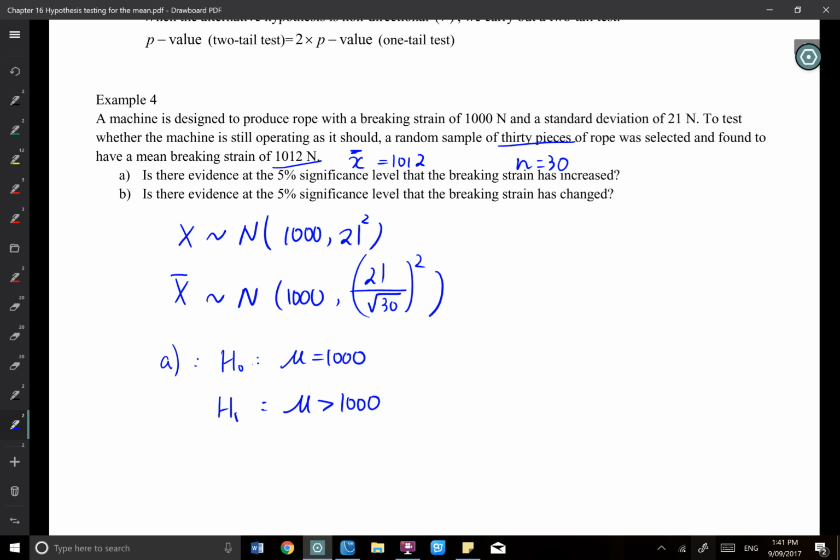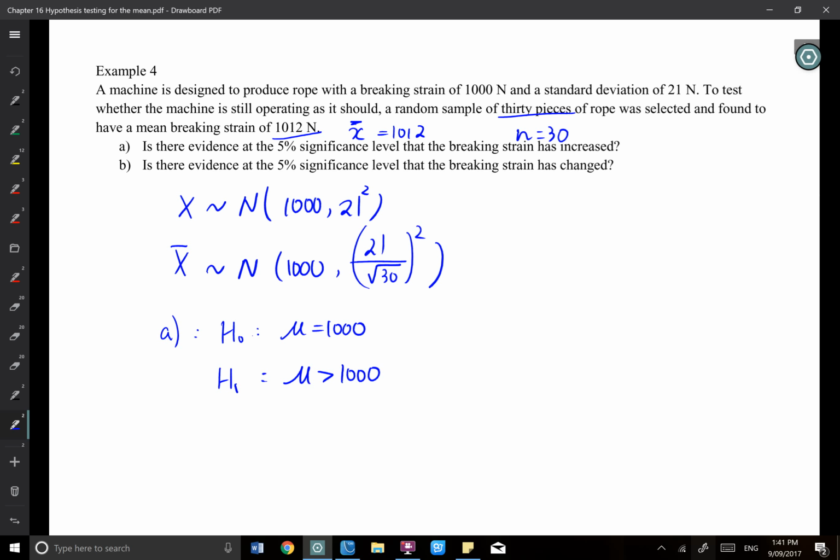So at 5% significance level, can we reject it? If it's directional, I will talk about the probability that x bar is greater than 1012, the value observed. Is what you observed enough evidence? So you talk about the values greater than that.